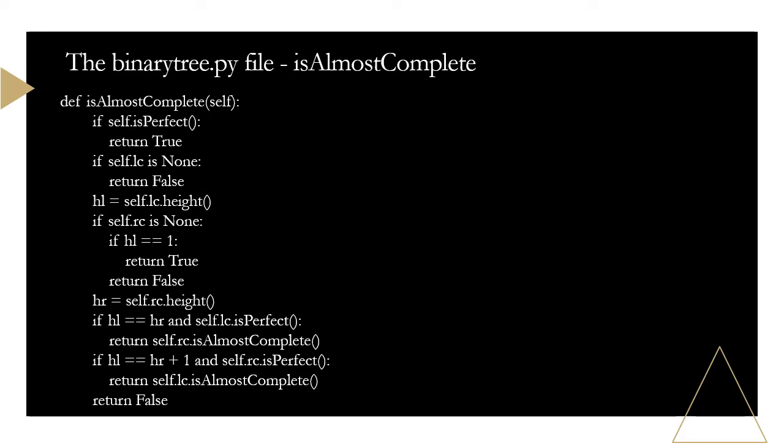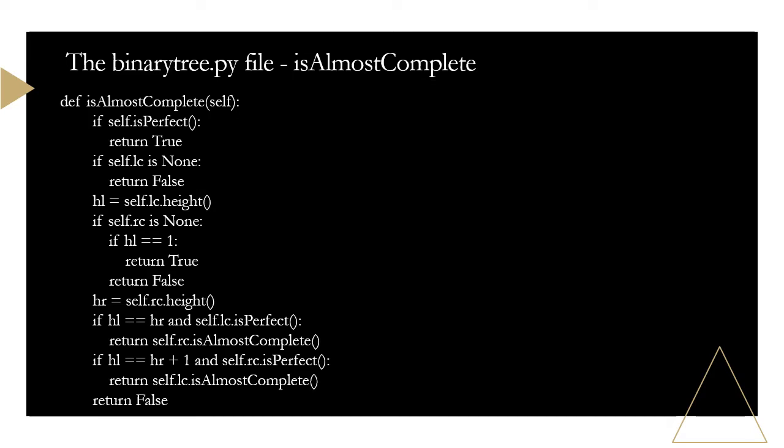This is not almost complete, so you return false. If a right child is present, we call the height function again. The height function returns us the height of the right subtree, which we place in HR. So at this point, we have the height of the left subtree and the height of the right subtree.